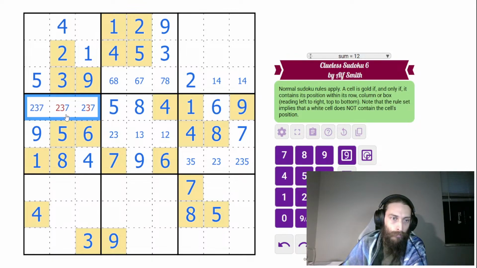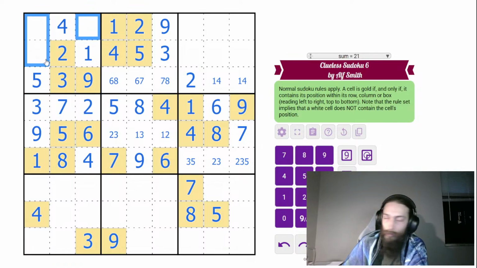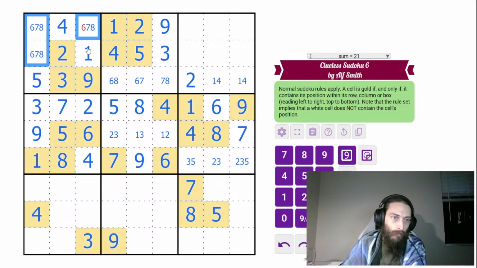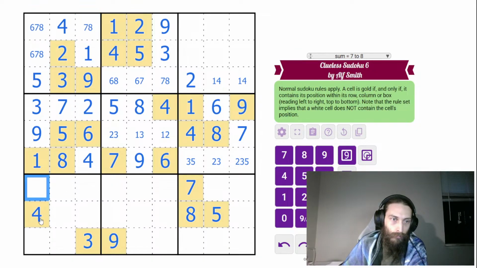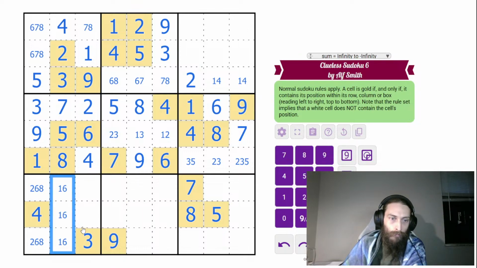7, 2, 3, 6, 8, and 7. 6, 7, 8, and 2. This is position 7. Column 2 needs 1, 6, and 9.